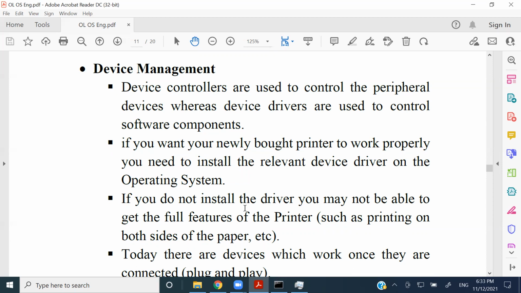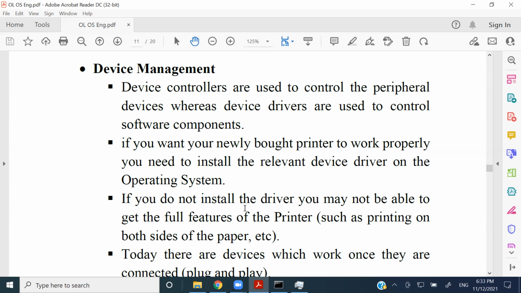So if you want to control the peripheral devices, we need two things: a hardware, which is called the device controller, and a software, which is called the device drivers, right? These device drivers are the component which introduce a particular device into the computer.